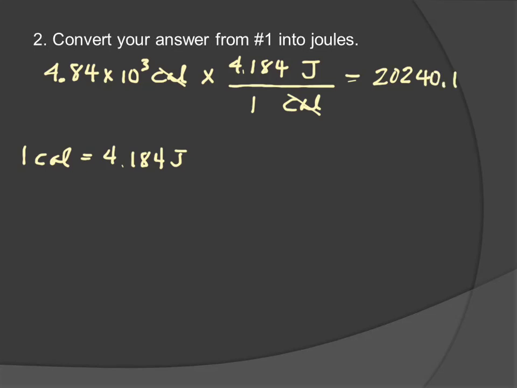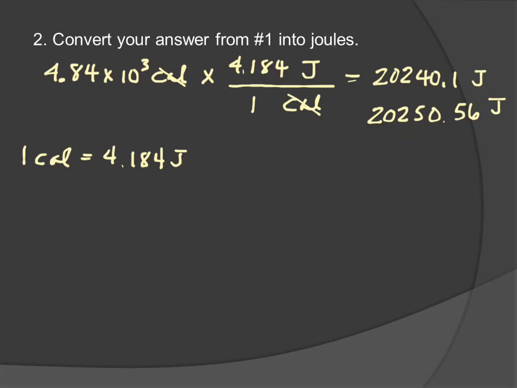If I did not keep it in there, let's see what happens. Then I get 20250.56, and this is joules. So there's a little difference there. The one on top is using the unrounded value, and the one on the bottom is the rounded value.